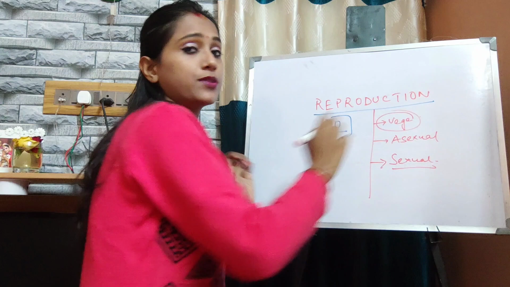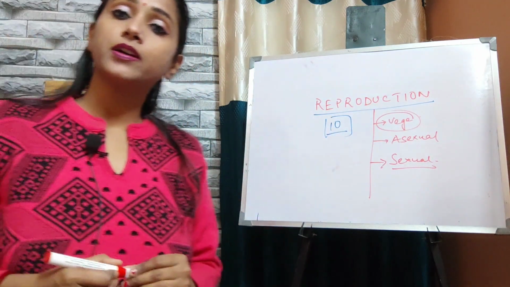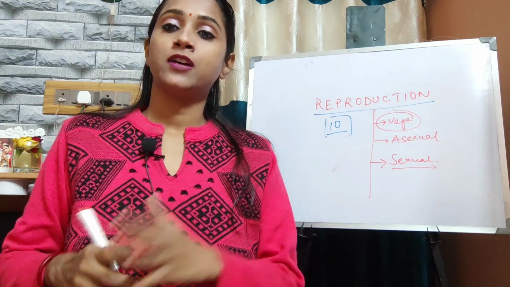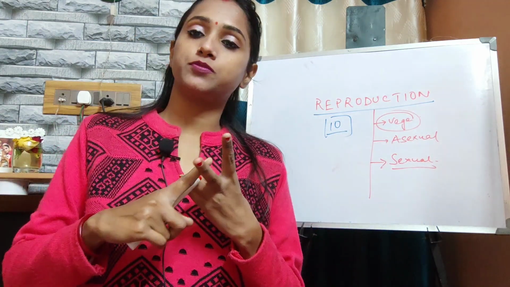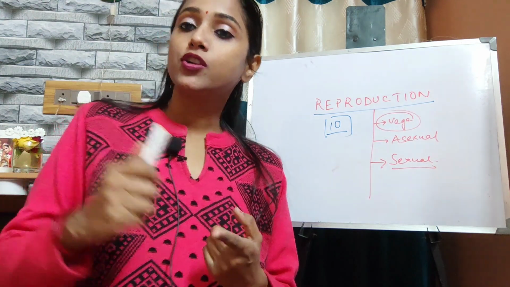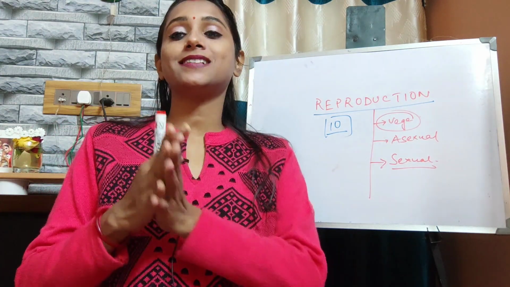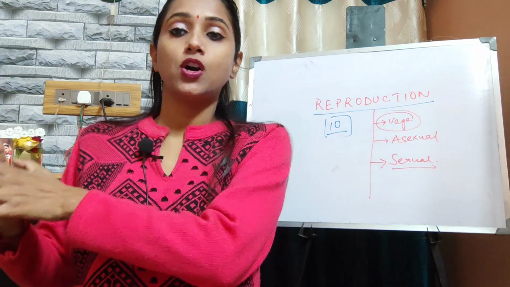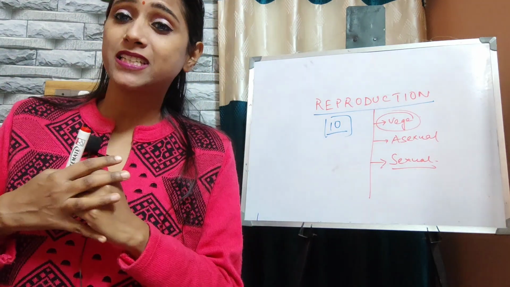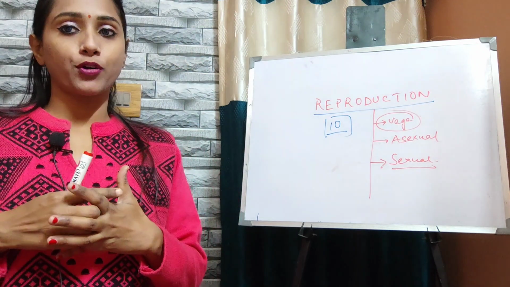Okay, vegetative reproduction is what? The reproduction that takes place through the vegetative parts of the plant body. Now, the plant body has two types of parts. One is the vegetative part, another is the reproductive part. Reproductive parts are the flower, seeds, fruits, those parts which have the ability to take part in the reproduction process.